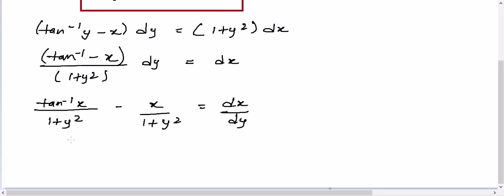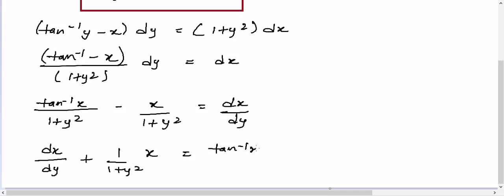Now what we can do is move one term so that it looks more like a linear equation. We just moved the x by 1 plus y square term. This is how it will be after the step.